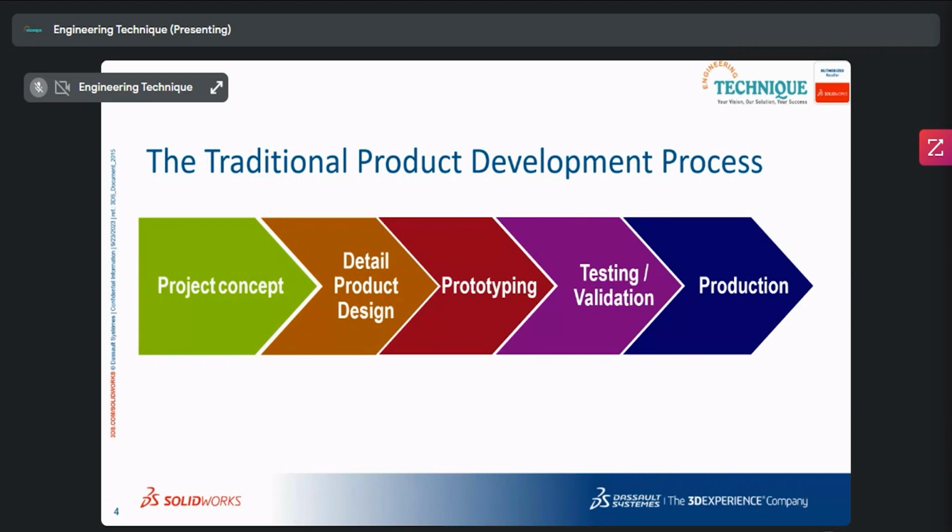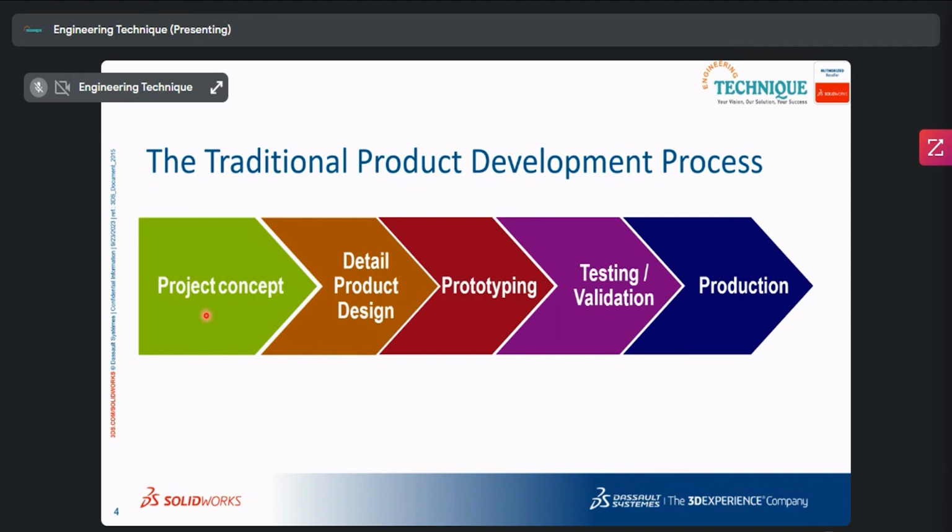These stages are the product concept or say project concept, then product design, which is followed by prototyping, testing and validation, and at last the production.